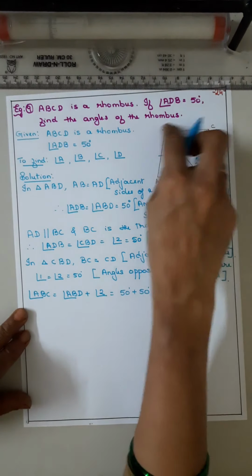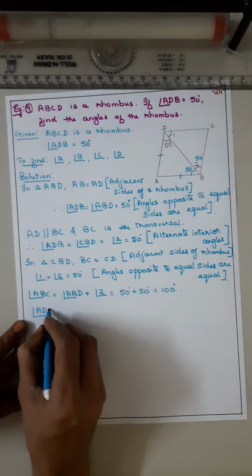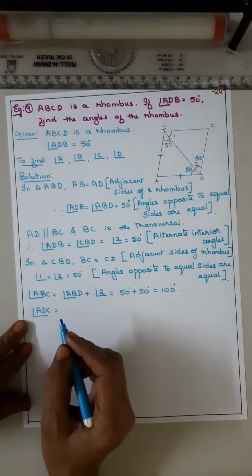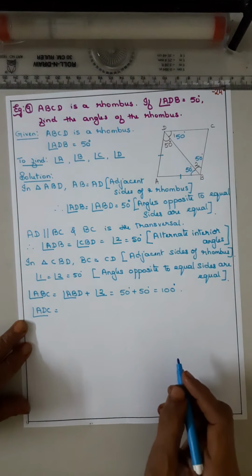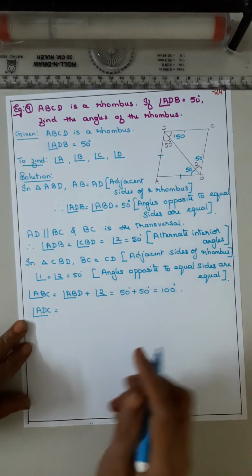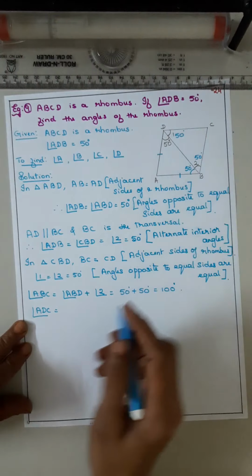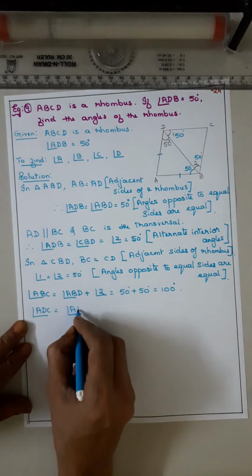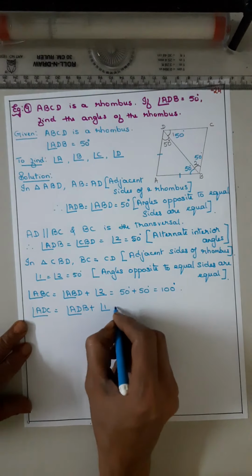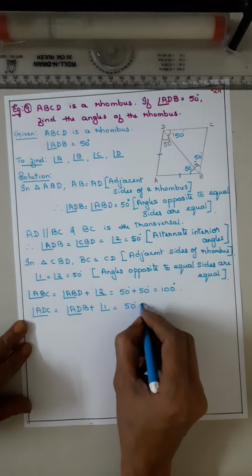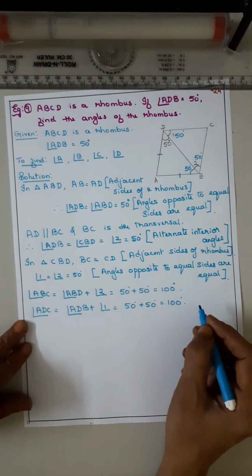Now ADC, same way, you got. Now this also became 50, isn't it? ADC is equal to ADB plus it is given angle 1. Again it became 50 plus 50 is equal to 100.